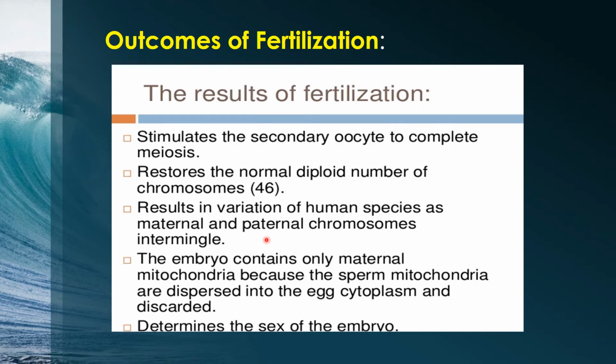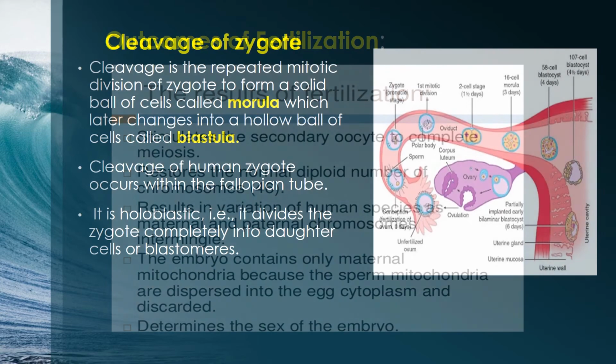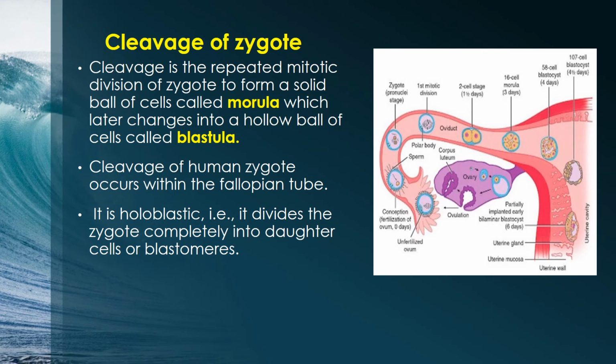So there is a chance of genetic variations. The sex of the embryo is also determined at the time of fertilization. The embryo contains only the maternal mitochondria, because the sperm mitochondria are dispersed into the egg cytoplasm and discarded. So the zygote contains only the maternal mitochondria.